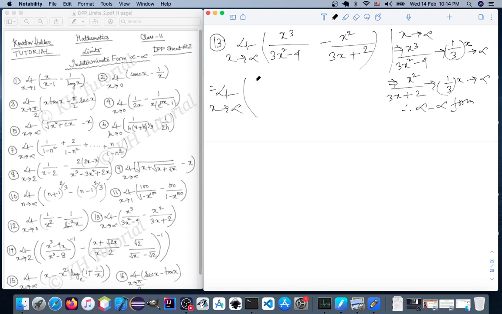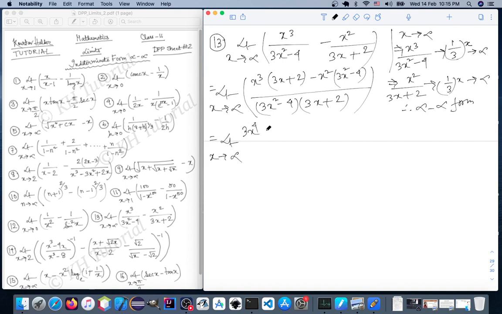So over here we have x cube (3x plus 2) minus x square (3x square minus 4)... 3x to the power 4 plus 2x cube minus 3x to the power 4 plus 4x square.